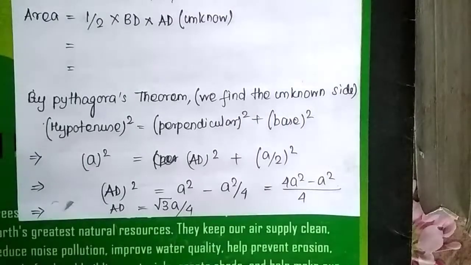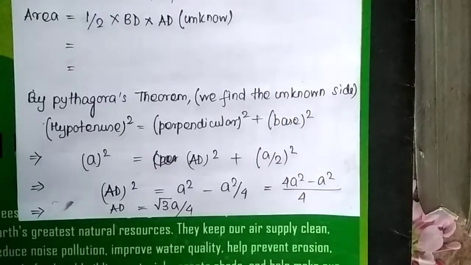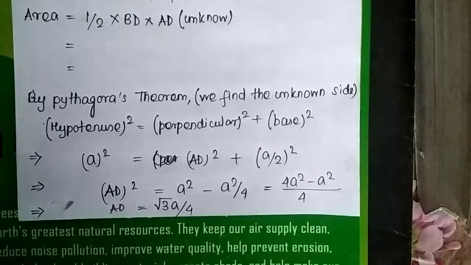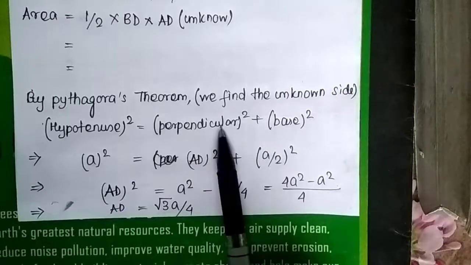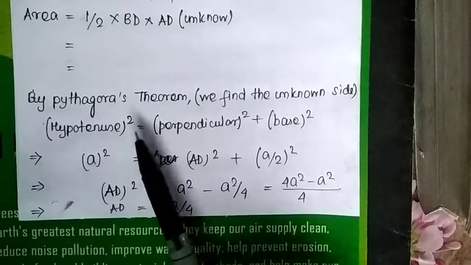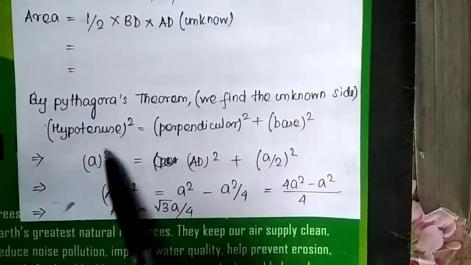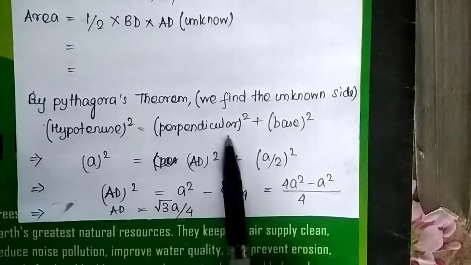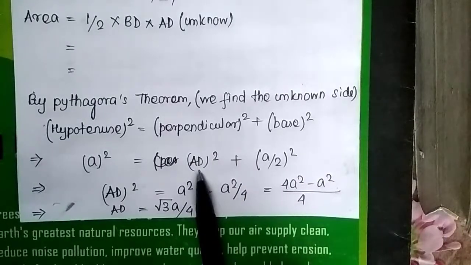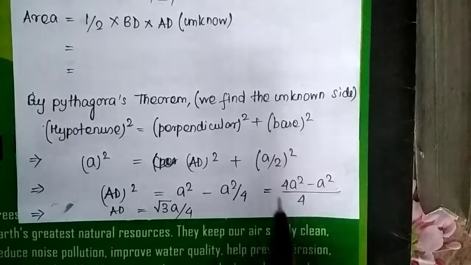In order to find the unknown side, that is AD, the perpendicular drawn from A to BC, we write hypotenuse square equals perpendicular square plus base square. As the value of the hypotenuse is A, we substitute A square in place of the hypotenuse. The perpendicular is AD, no length, and the base is A by 2, the whole square.